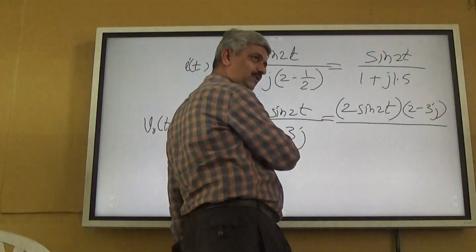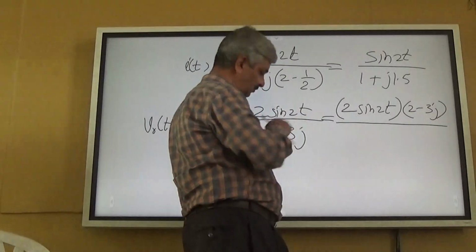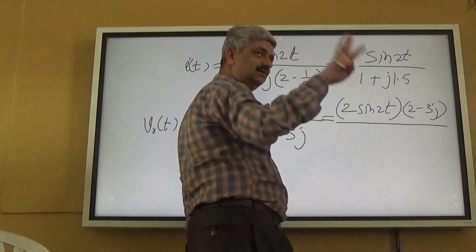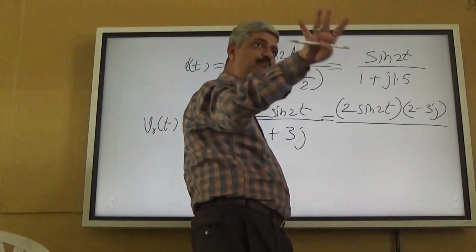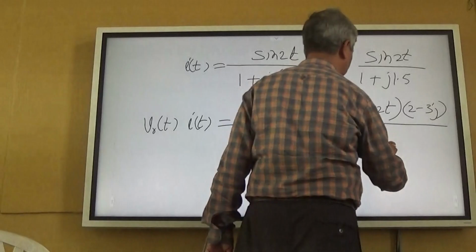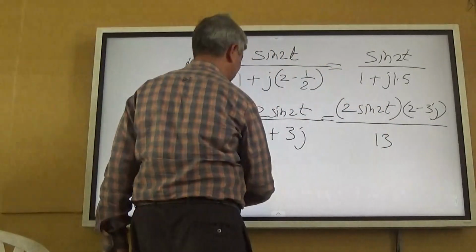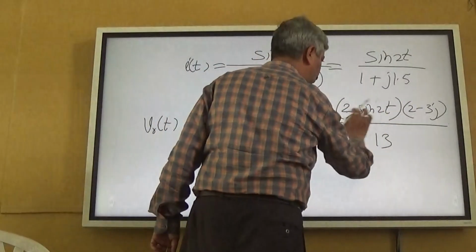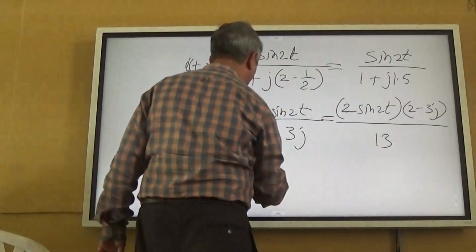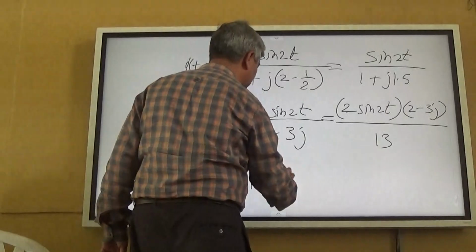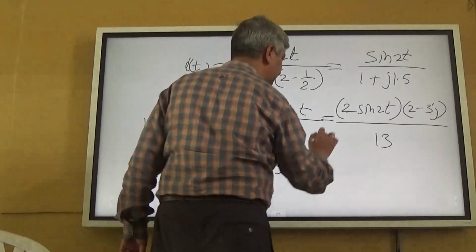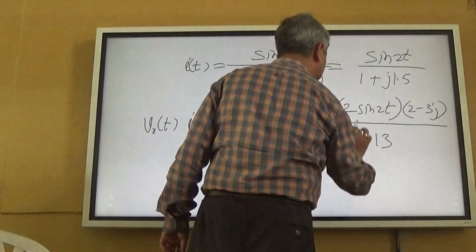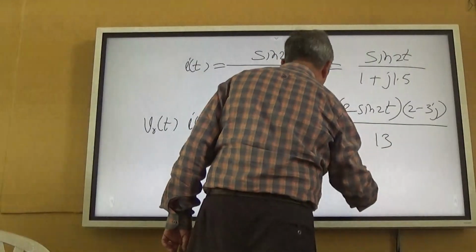So 2 square plus 3 square, 4 plus 9, that is 13. आता म्हणजे काय ना 2 into 2, 4 upon 13 sin 2t, 2 into 3 minus 6 upon 13.